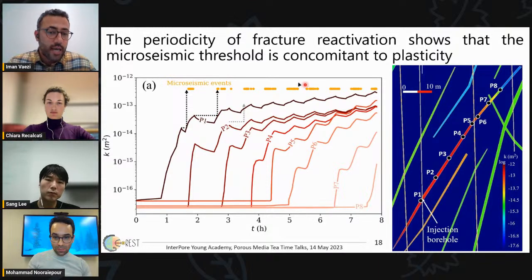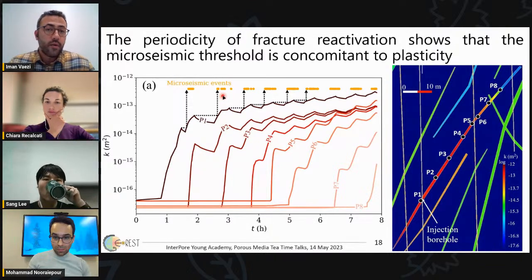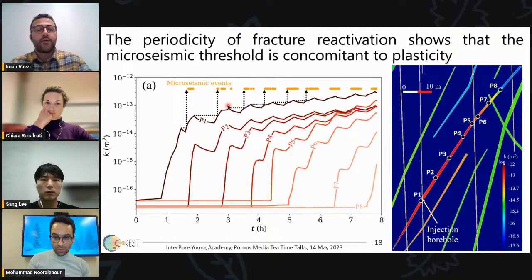In every injection cycle, when permeability surpasses the previously achieved maximum value, microseismic events occur. A few examples are indicated with the dotted arrows. It means that the previously activated fault patch is reached, and the new reactivation is accompanied by microseismic events.